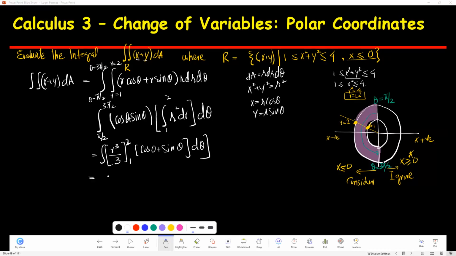It's going to be r cubed, so 2 cubed is 8 divided by 3 minus 1 divided by 3. So 8 divided by 3 minus 1 divided by 3. Okay, going to solve this. So this one is going to be 7 divided by 3.